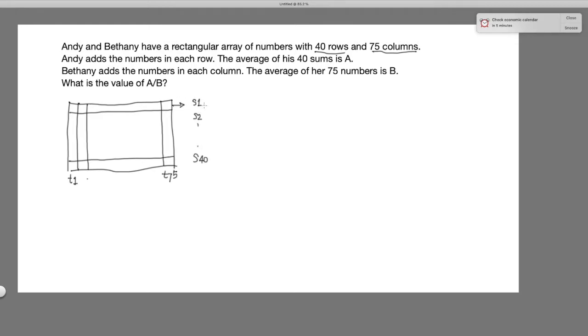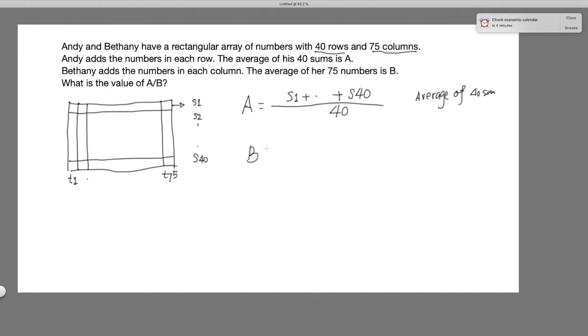And for Andy, he is going to calculate the average of these 40 sums. So A equals the sum of those 40 row sums, S1 plus all the way to S40, divided by 40. Right? That's the average definition, the average of the 40 row sums.